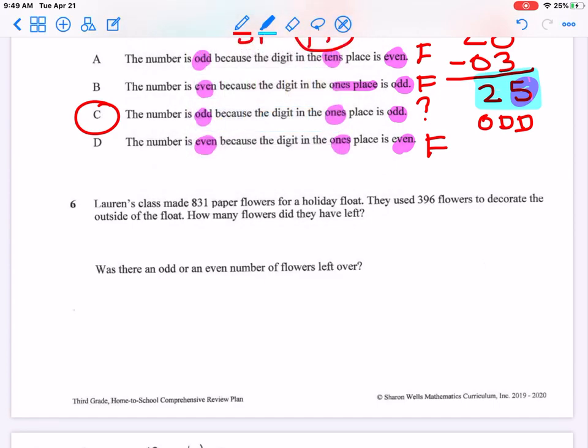So Lauren's class made 831 paper flowers. They used 396 flowers to decorate the outside of the float. And here's my question. Here's the important part, understanding my question. How many flowers did they have left? That's what it's asking me.